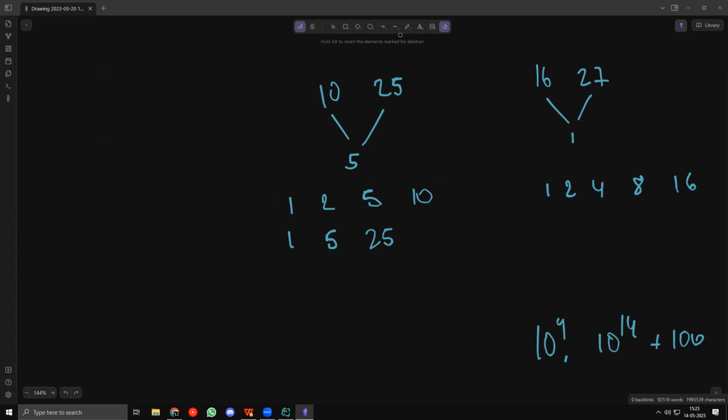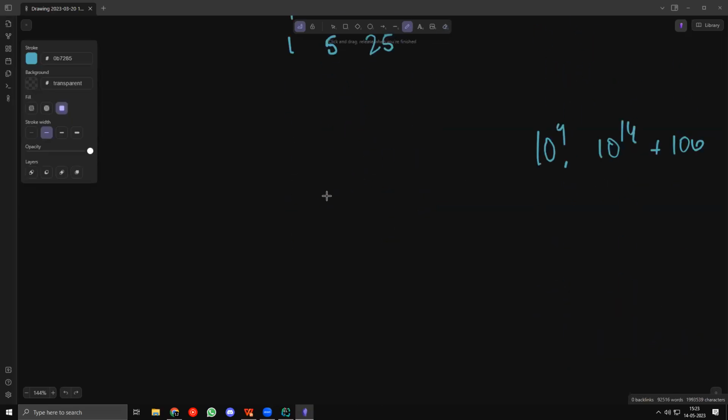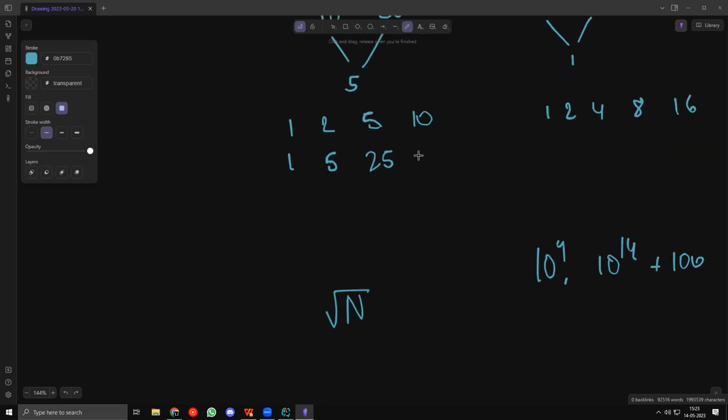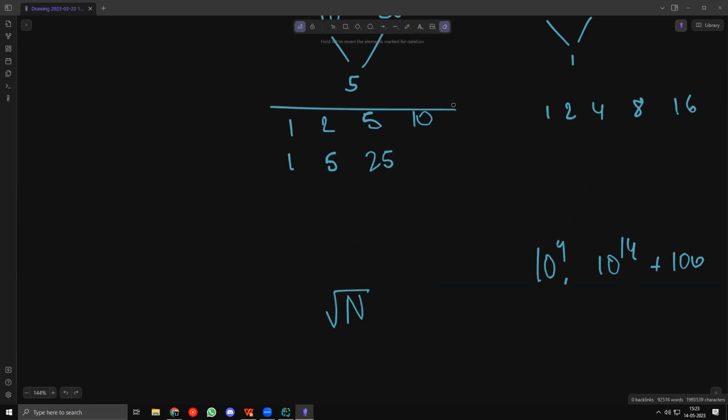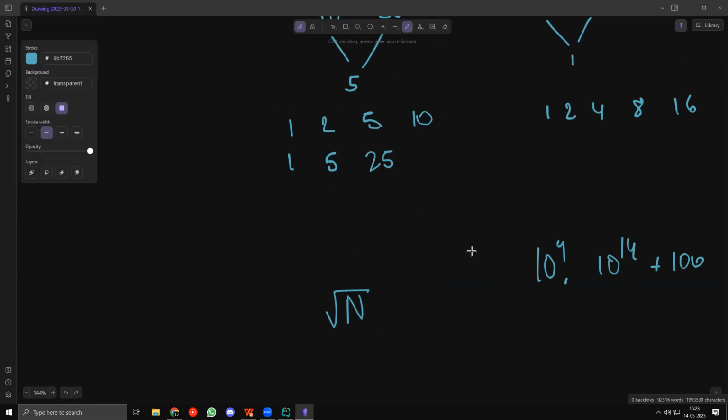So sieve is for prime numbers. Square root of n. That's right, Ankit. So to find all the divisors of a single number is square root of n. Log n is the constant factor for sieve. That's not related to factorization. And n square is not correct because we are not going through the n multiple times. We are just going through it till the square root.